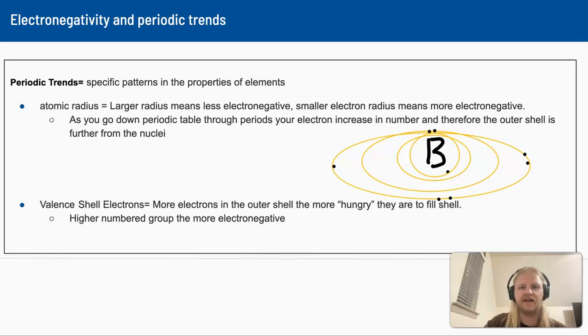Compared to something like fluorine, which is the most electronegative, it's going to have just 2. And you can see I made this purposely closer.